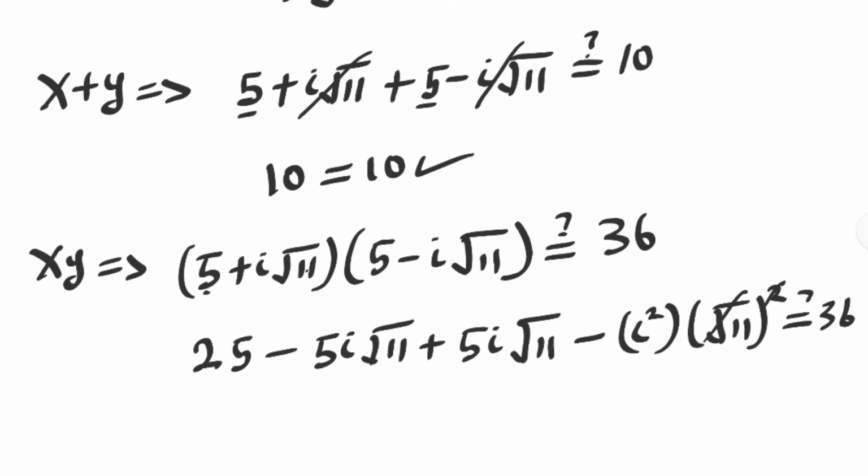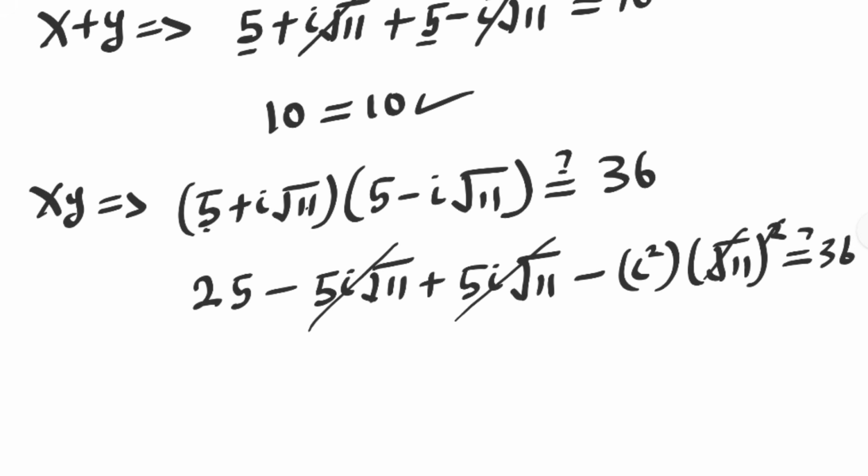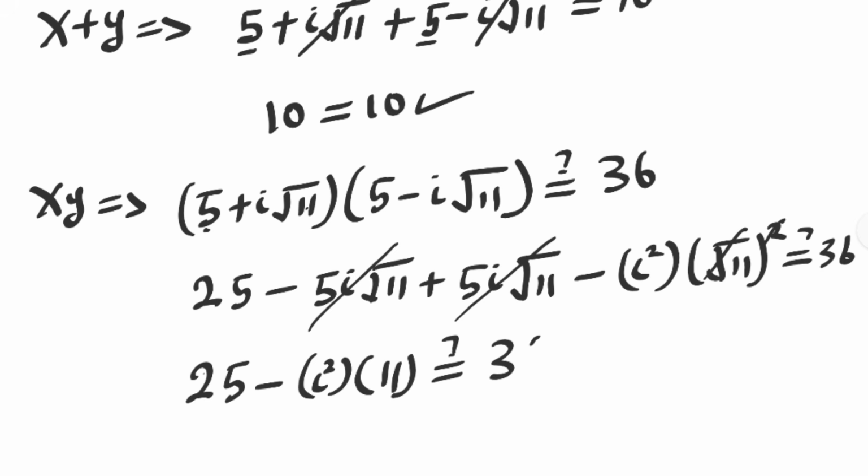This cancels this. This cancels this. 25 minus i squared multiplied by 11 must be equal to 36.